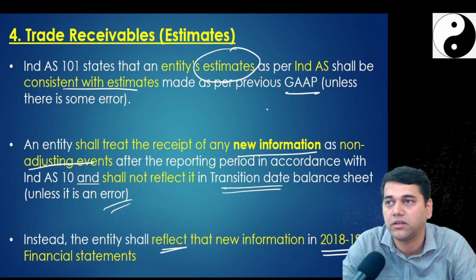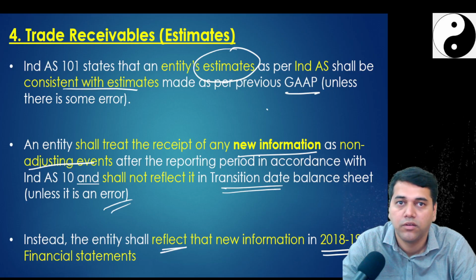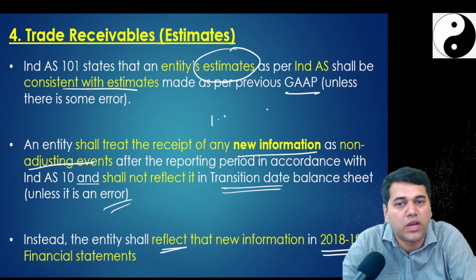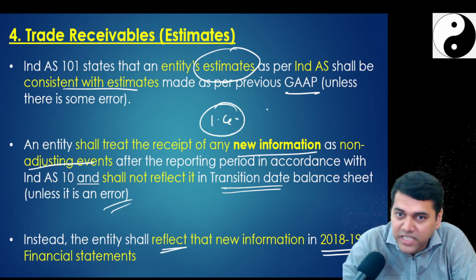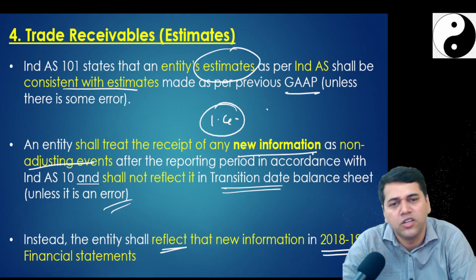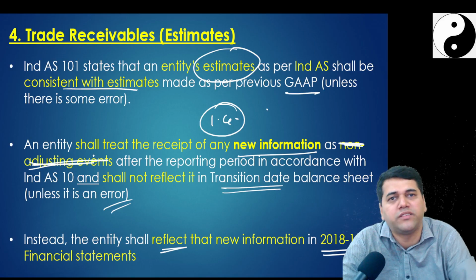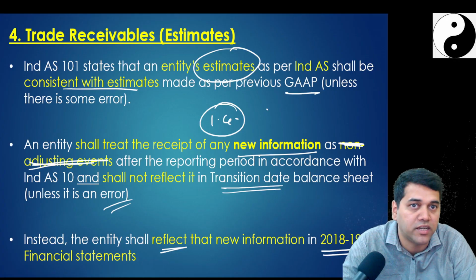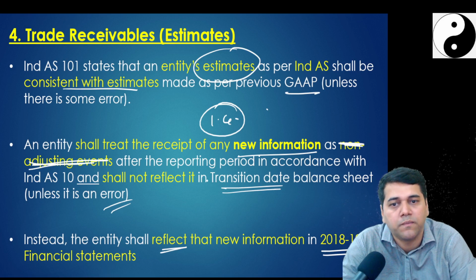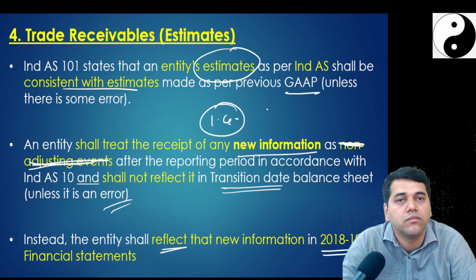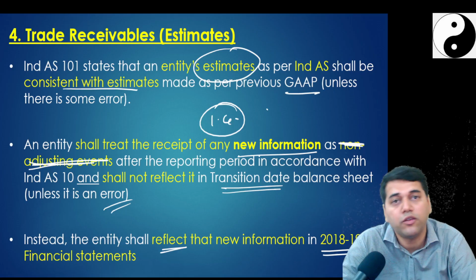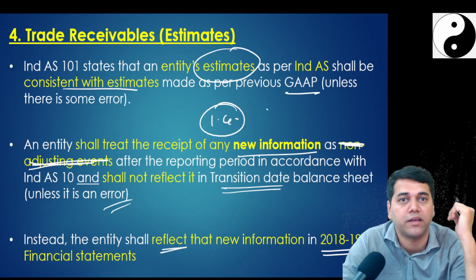That is what we are looking at. When we are preparing the opening balance sheet, is it adjusting for this? No. So don't go with the word non-adjusting, because you may mix it up with Ind AS 10 subsequent events. I will remove this. Today you are preparing the 1st April 2018 balance sheet. Are you going to adjust it? No, you will touch only the previous year comparative.